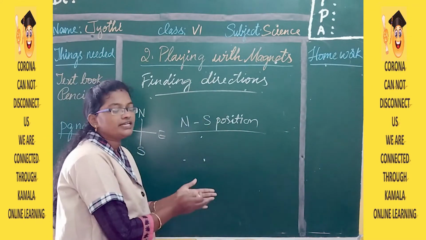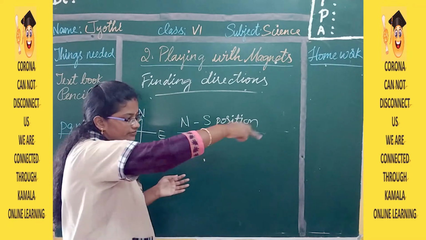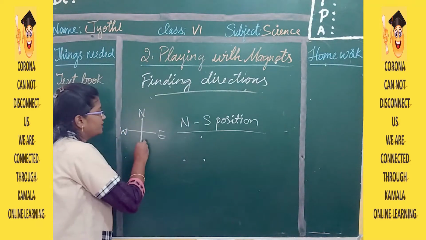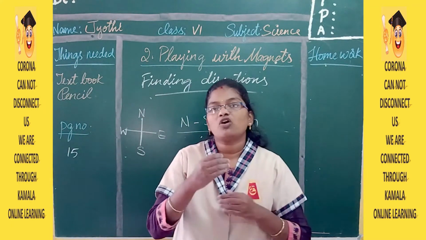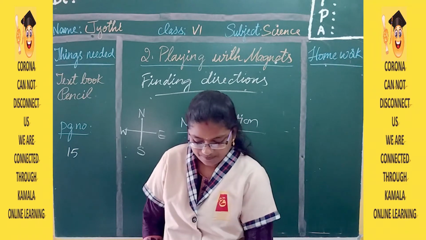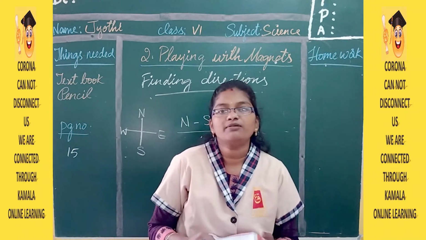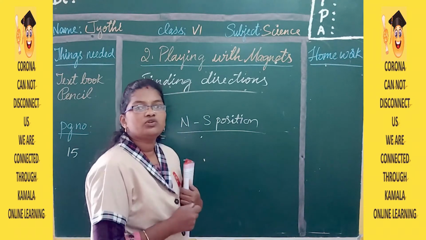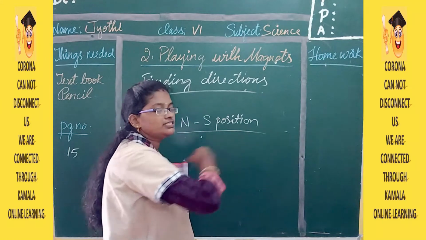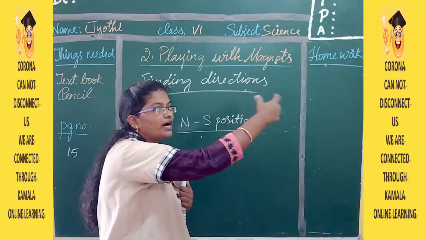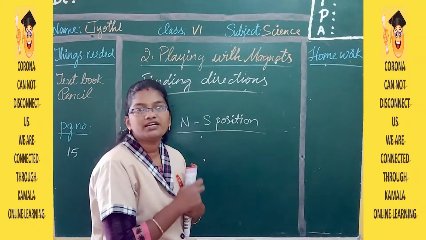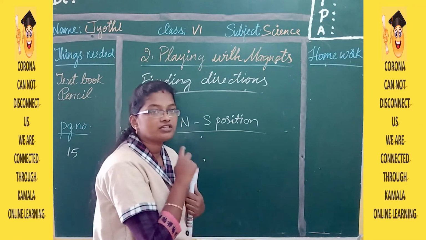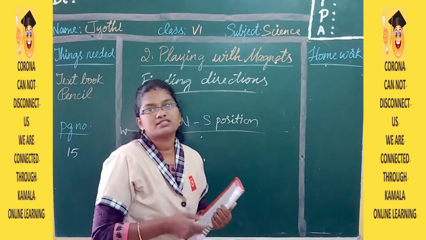Whatever magnet I keep here, after some time it will be in a straight line to me, in the north-south direction. So you can mark the north and south directions. Mark the front edge with red color to show that it is north, and towards me it would be south.